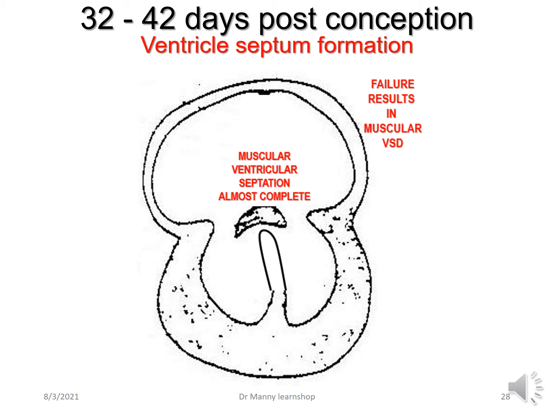It continues until ventricular septum formation in relation to the muscular part is almost complete. If it doesn't complete and failure results, this results in a muscular ventricular septal defect, which we'll be discussing when we look at acyanotic congenital cardiac anomalies in other courses.